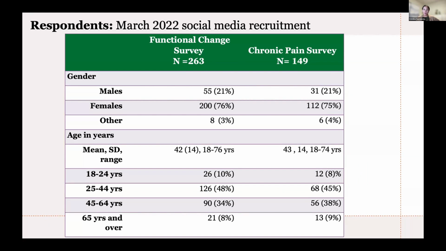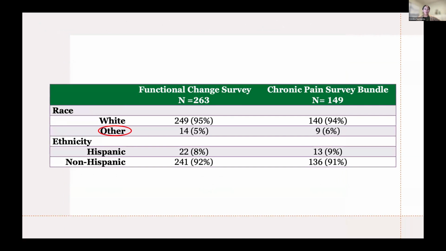And so this shows you a little bit about the original participants in the community registry. And it's great, we have over 260 people who did our functional surveys and almost 150 doing the chronic pain. But this is where that biased sample comes out. So you can see we are relatively underrepresenting males, both younger and older age populations. We are underrepresenting non-white people and people that are Hispanic as well.